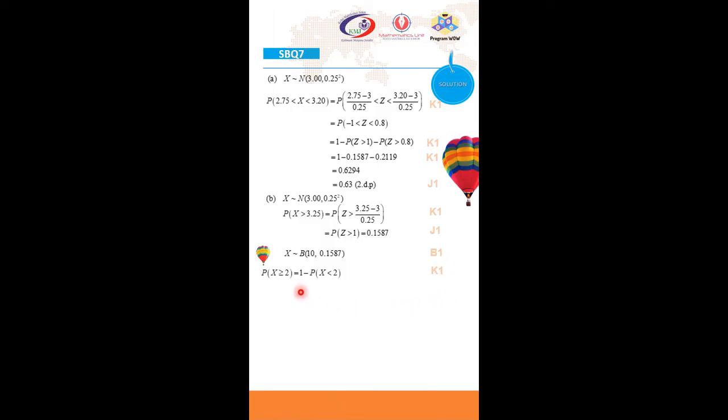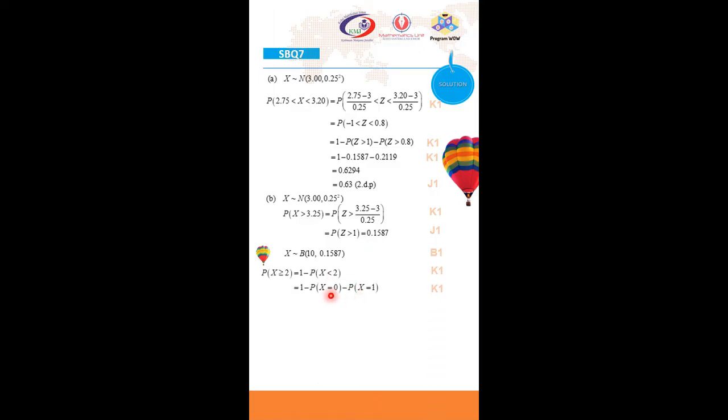And then we solve using the binomial distribution, X greater than or equal to 2. Right. Since we cannot read the table, you have to do 1 minus P(X less than 2), which is 0 and 1.